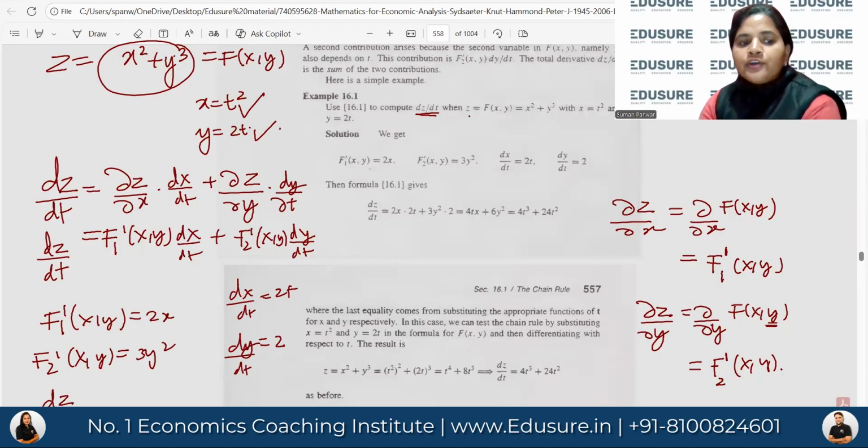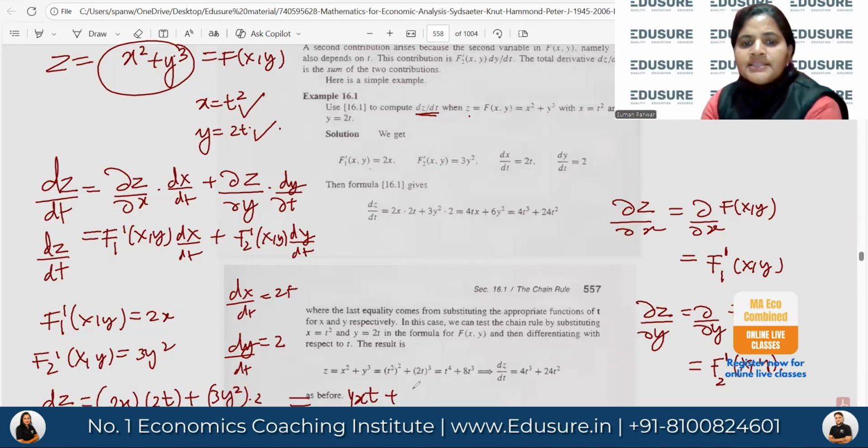So look at this x and y. Now write the total differential with respect to t. It is going to be 2x into 2t plus 3y square into 2, which is 4xt plus 6y square.